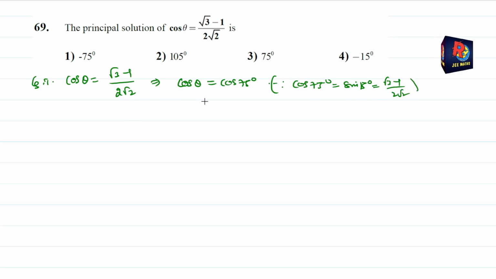So theta equals 75. Only the principal value is required. So the principal solution is theta equal to 75, or if the options are in radians, 5 pi by 12. So option 3.